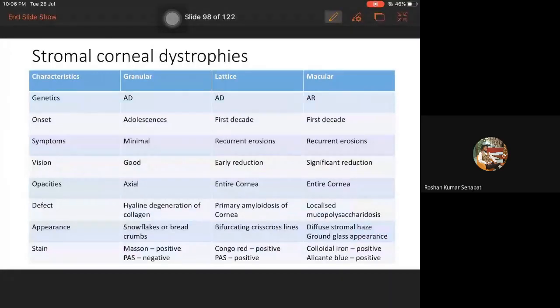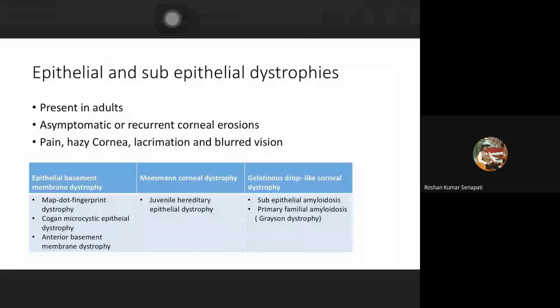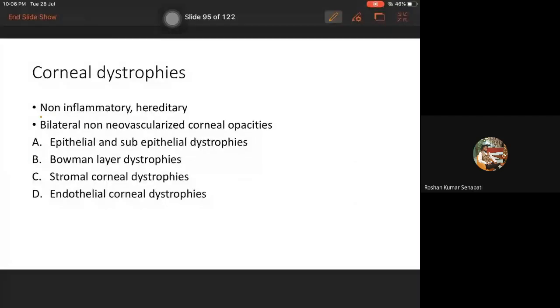This has been asked many times. We will stress on this. So before this, at least to begin with, we should know what corneal dystrophies are. Corneal dystrophies are non-inflammatory, hereditary, bilateral, non-neovascularized corneal opacities. Okay, this is the definition.